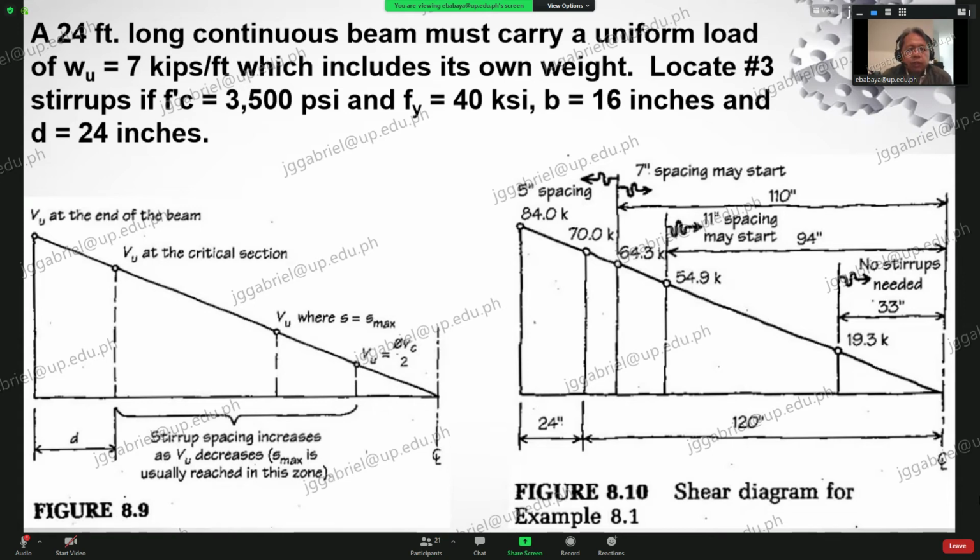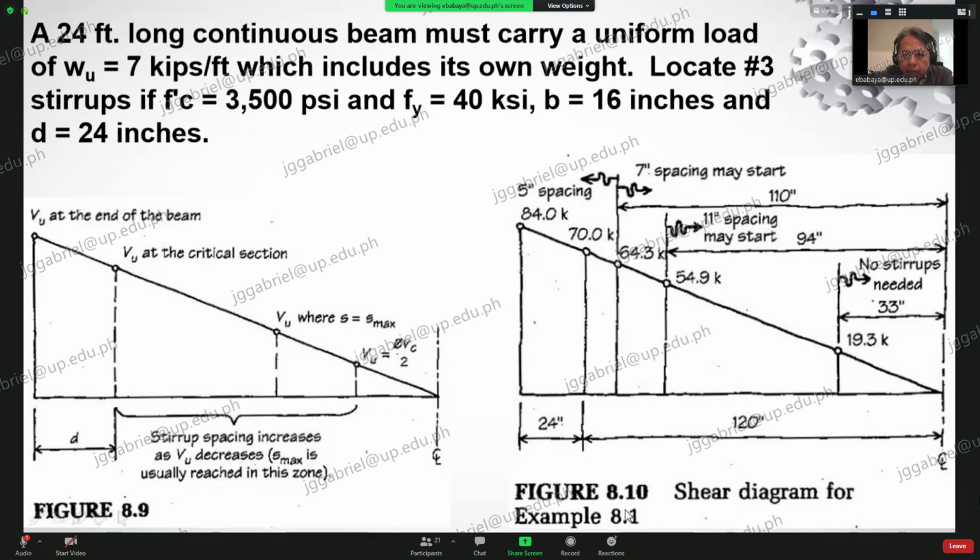So 24 times 7 is how much? That's 168 kips. Correct, 168.